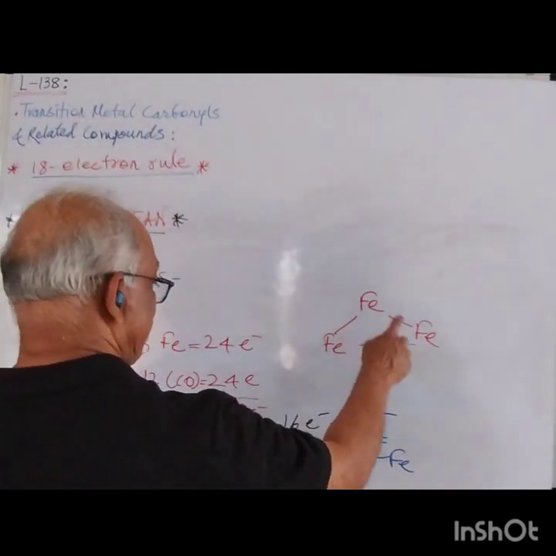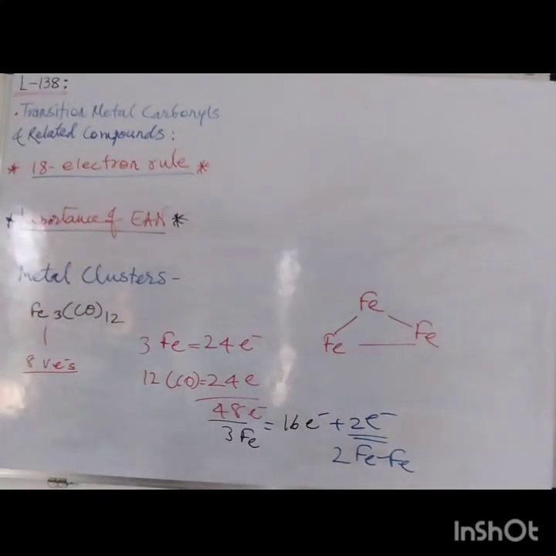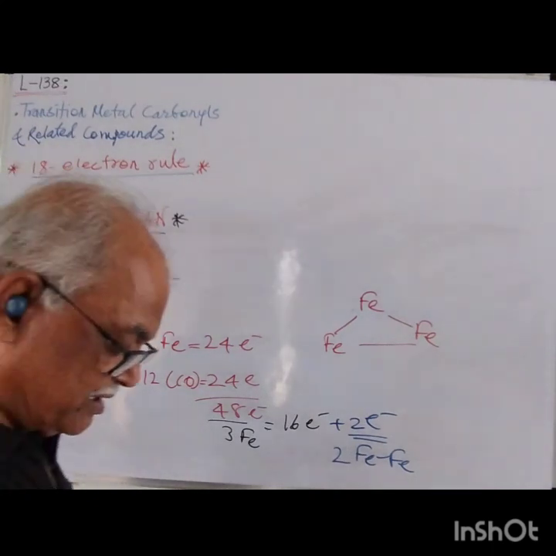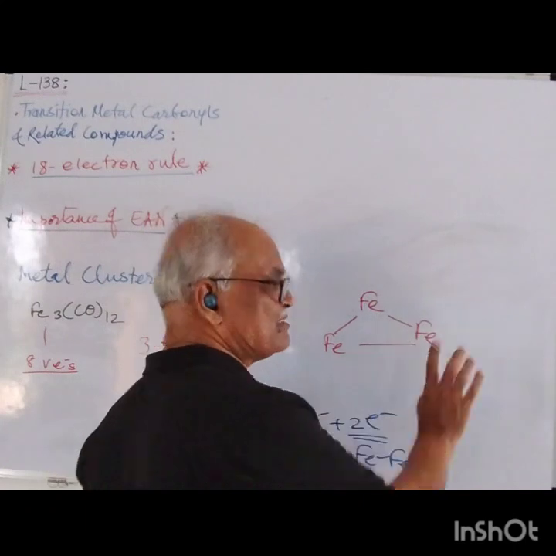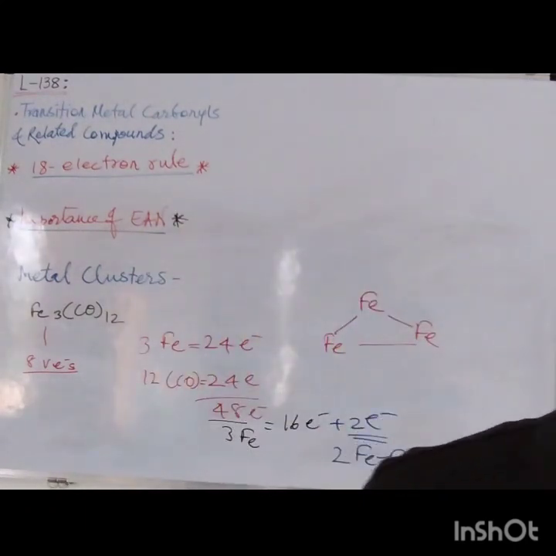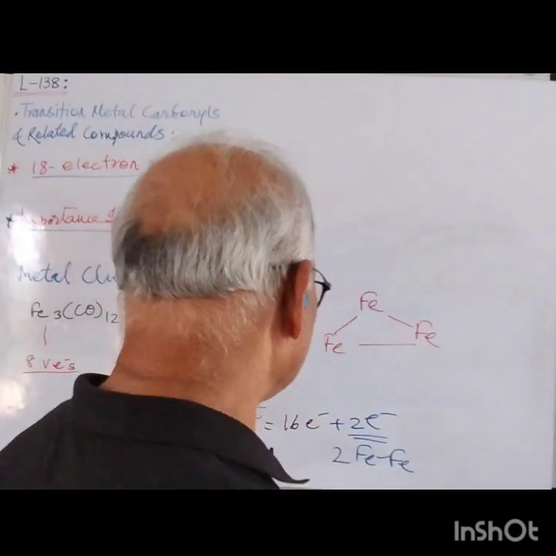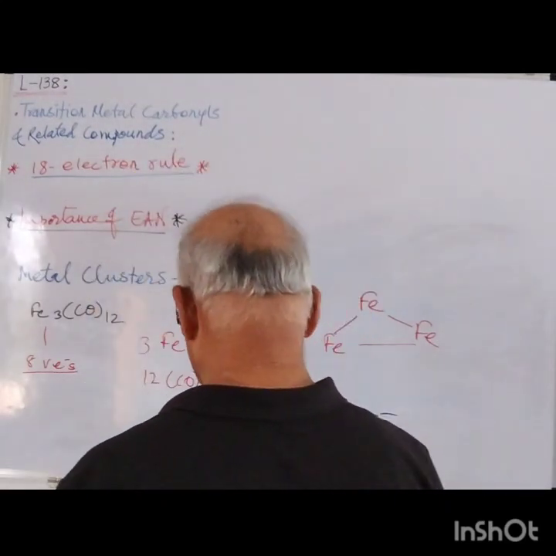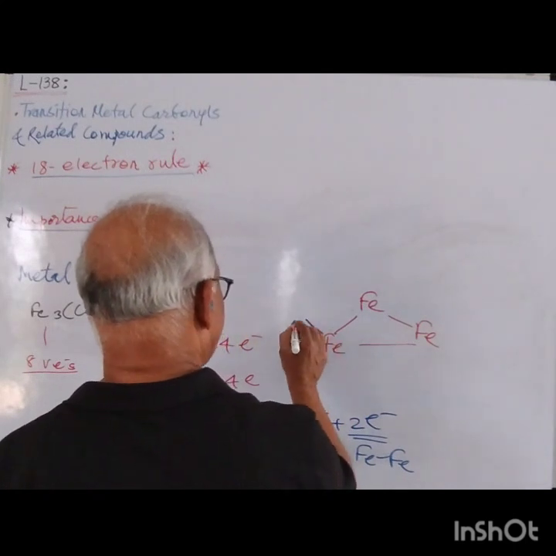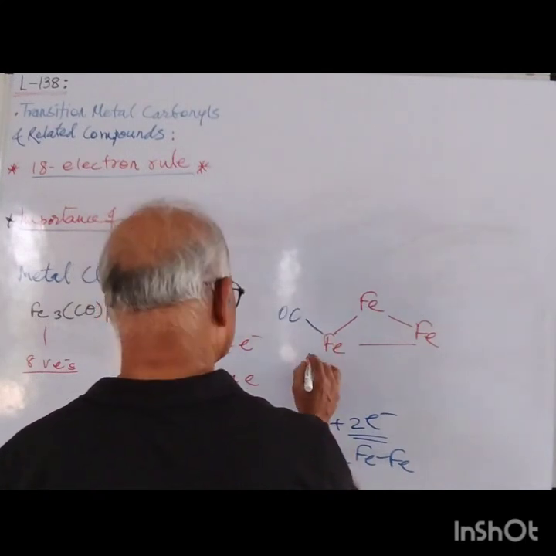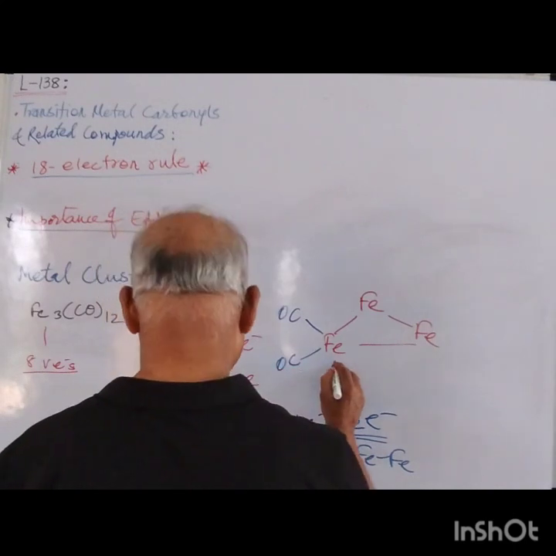And each Fe will have the 4 carbon monoxides like this. So the structure is not showing that each Fe has 4 terminal carbonyl groups. Now I will show the structure in this way. So this Fe will have this carbon monoxide like this.